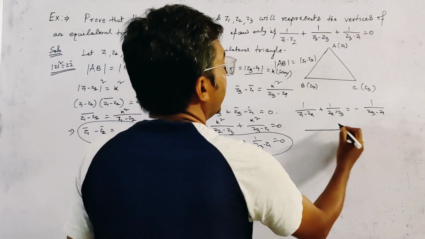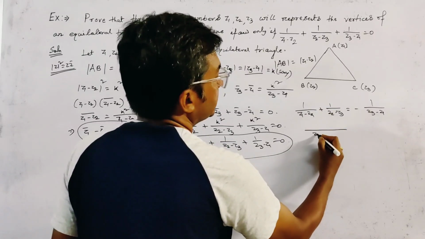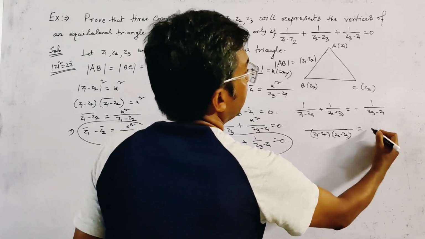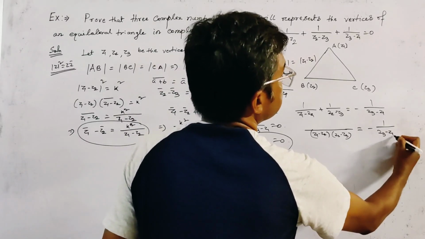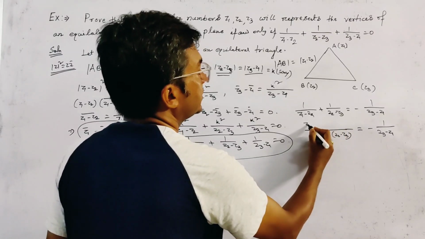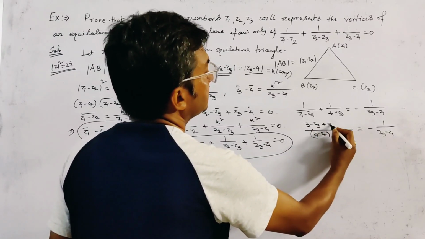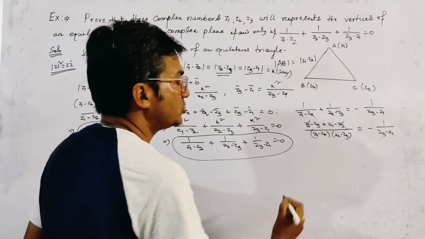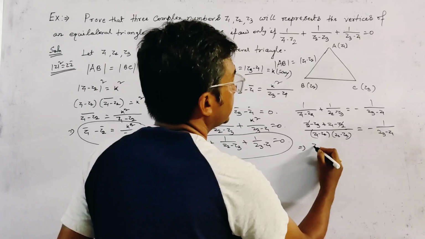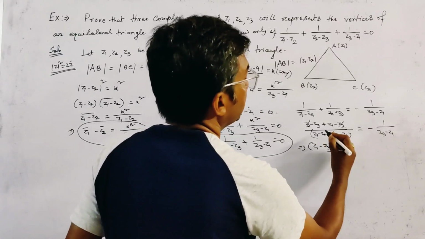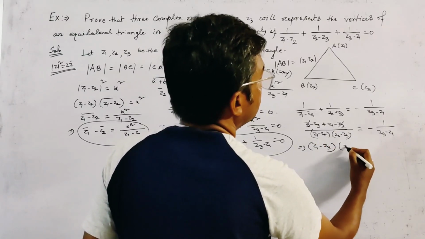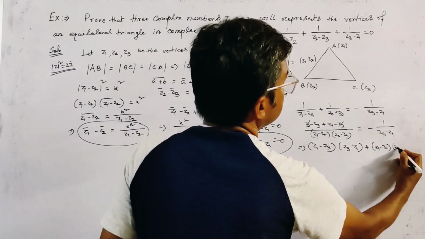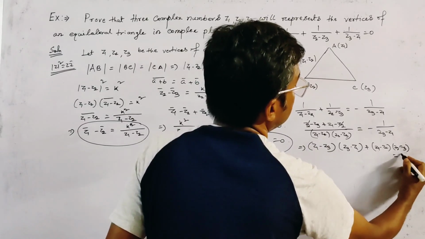Taking the LCM, we get Z1 minus Z2 into Z2 minus Z3 on the left, and the numerator is Z2 minus Z3 plus Z1 minus Z2, where Z2 cancels out. Now by cross multiplication we get Z1 minus Z3 into Z3 minus Z1 plus Z1 minus Z2 into Z2 minus Z3 equal to 0.